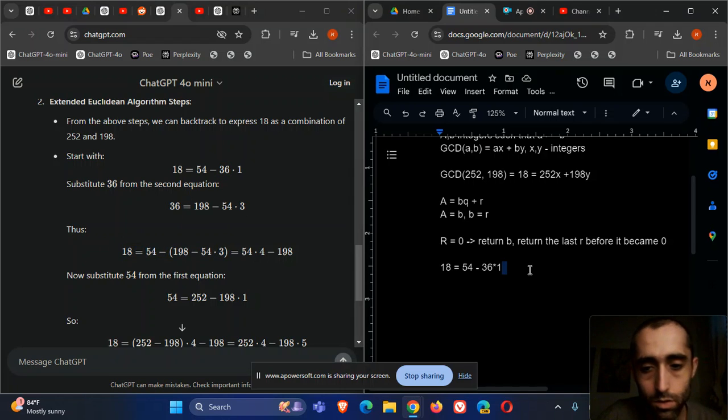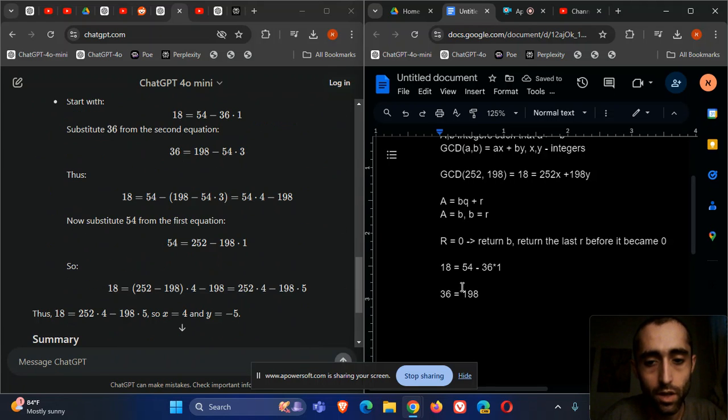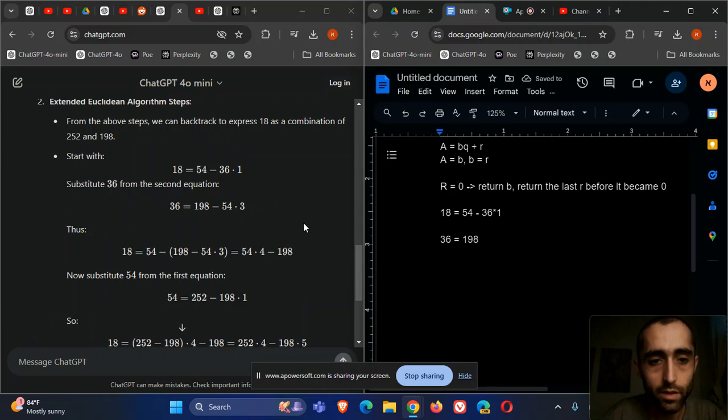And now, you understand, we got 36 equals, from the second equation from here, 198 minus 54 times 3. Now, plug it in here and get 18 equals 54 minus 198 minus 54 times 3, all of these times 1.